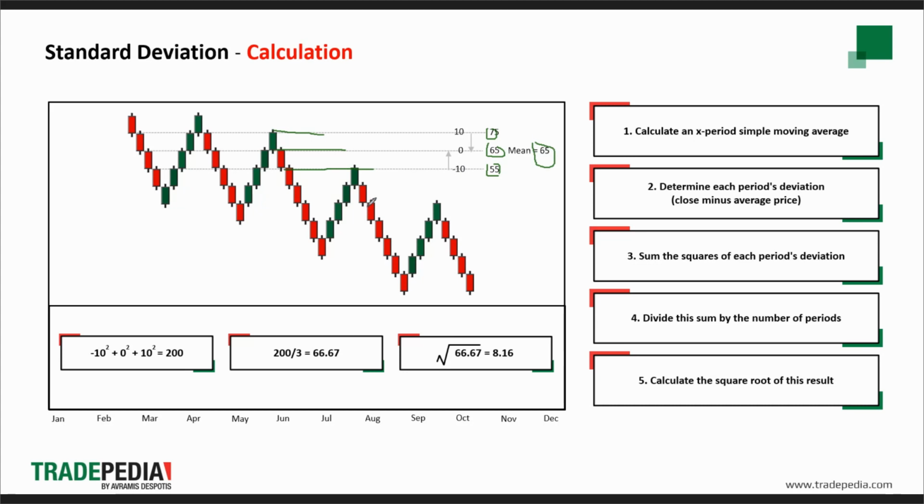Okay, the next step is to determine each period deviation from this average. Okay, our first close is this 75. We need to take 75 minus the average of 65, resulting in 10 itself. That is why we got the 10 over here.